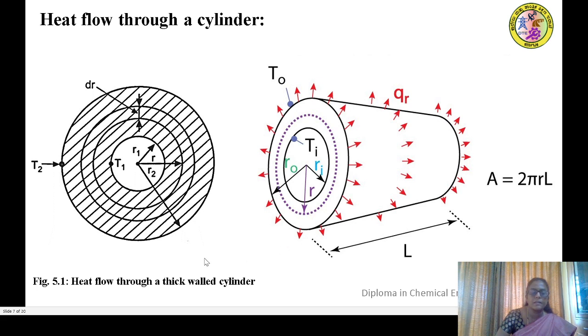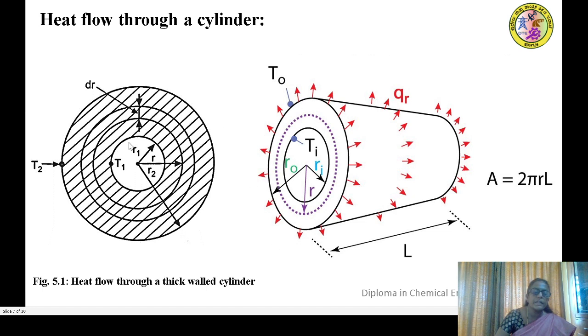Okay, so this is how we can visualize conduction through a cylindrical wall. This is the front sectional full view of a cylindrical pipe that is carrying some hot fluid. Imagine that it's a thick walled cylinder having an inside radius R1 and an outside radius R2.